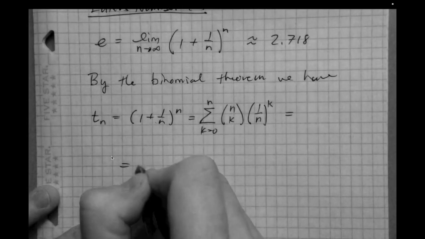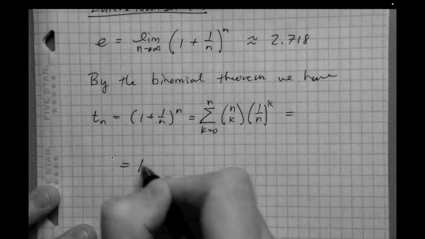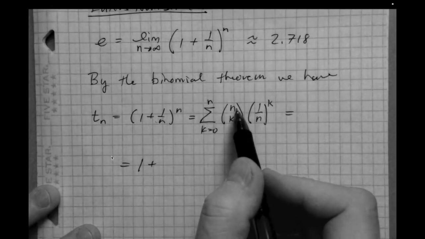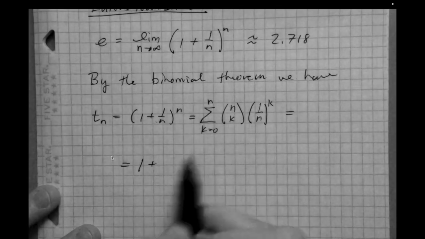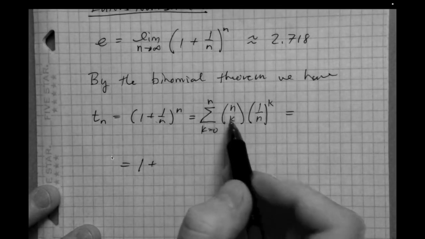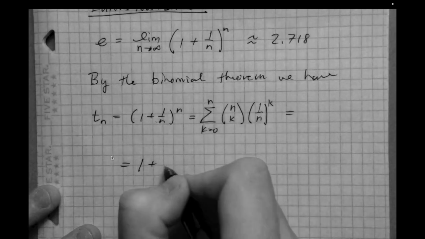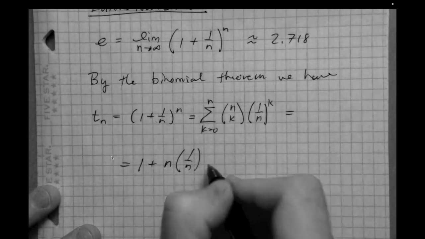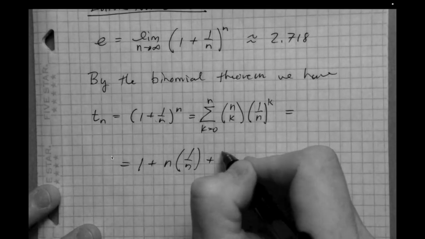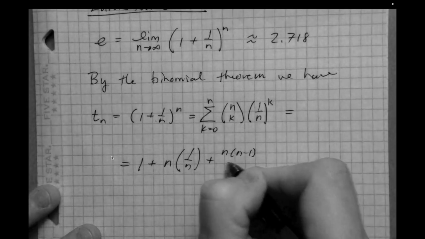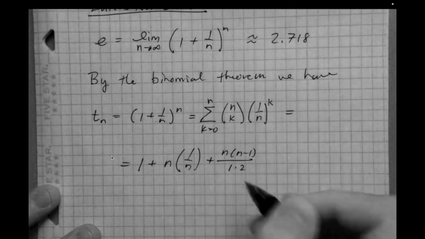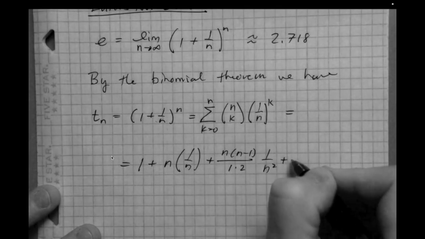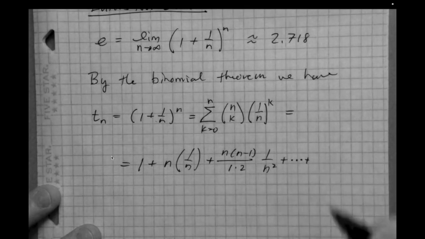So take a second and make sure you can expand this. It'd be 1 plus, and then n choose 0 is just 1, and then n choose 1 would be n times 1 over n to the first power, and then the second term would be n times n minus 1 over 1 times 2, times 1 over n squared, plus, and then you could go on like this, right?